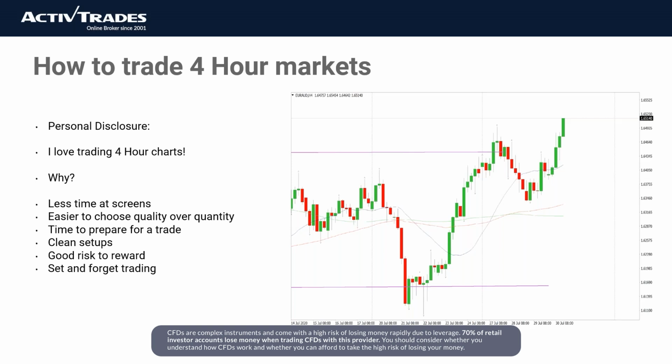And even if you are not a full-time trader, even if you're a part-time trader trading around a job or running a business, running a family, caring for family, etc., it makes it easier for you to manage small blocks of time in your day, rather than having to be sat there from 7 in the morning till 10 o'clock at night, which I have done when I've worked at hedge funds, etc. So the 4-hour market allows you to have less time at screen, so you can manage it, as I said, around your other schedules.